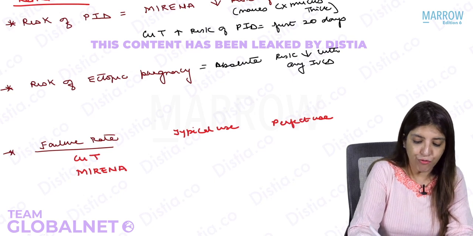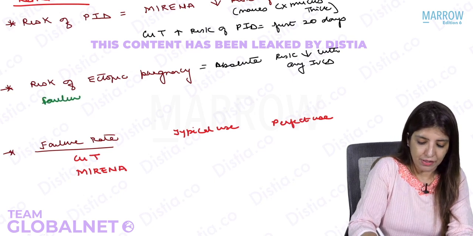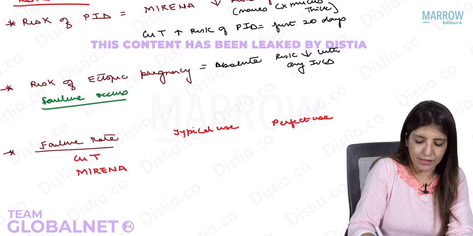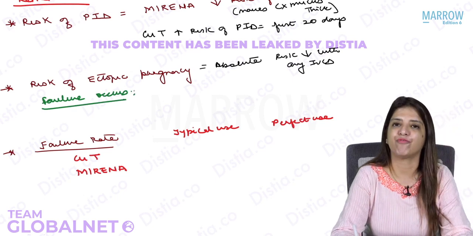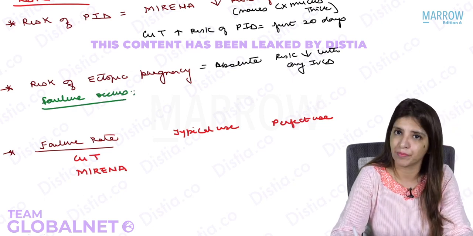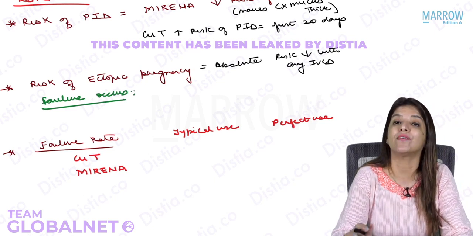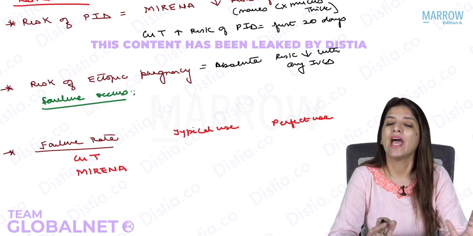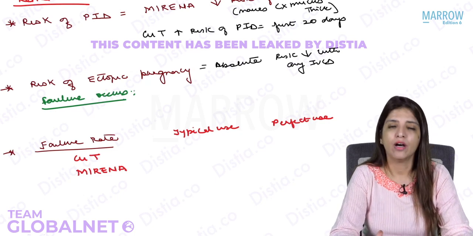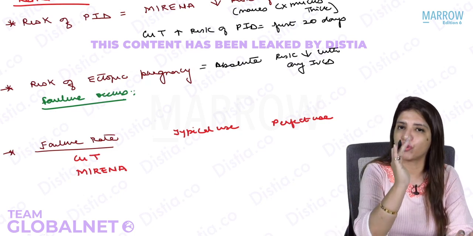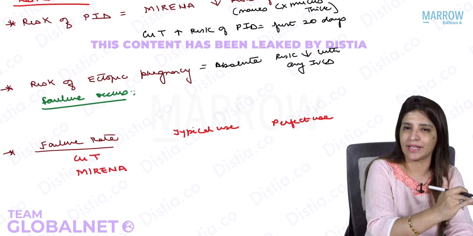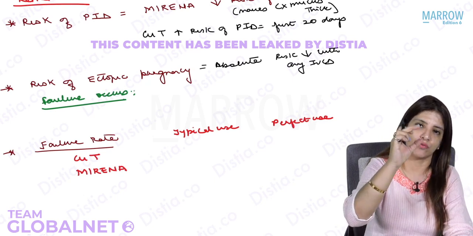But if failure occurs, this is common sense that if failure occurs with Mirena, Mirena is a progesterone-releasing IUCD and progesterone relaxes the smooth muscles. And one of the reasons why a morula is going to move from the fallopian tube to the uterine cavity is due to the peristalsis of the tubes.